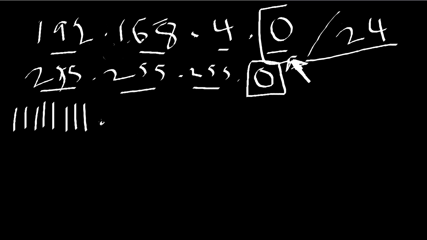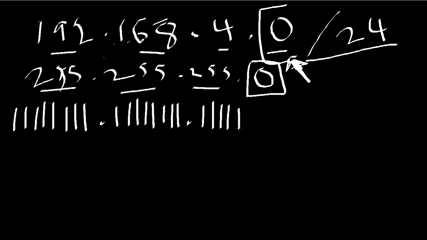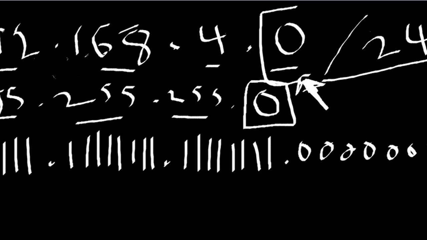Put your dot here. 1, 2, 3, 4, 5, 6, 7, 8. Put your dot here. 1, 2, 3, 4, 5, 6, 7, 8. Put your dot here. Then you do 0, 0, 0, 0, 0, 0, 0, 0. This is it. It's just 24 ones and 8 zeros. This is where the subnetting takes place.